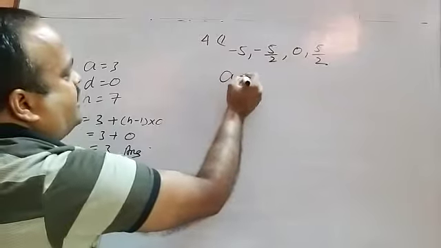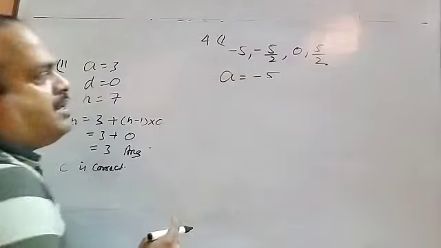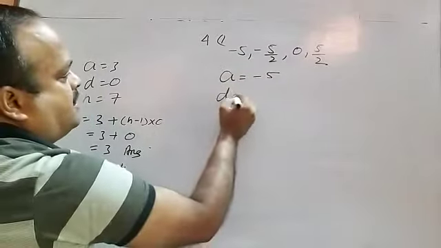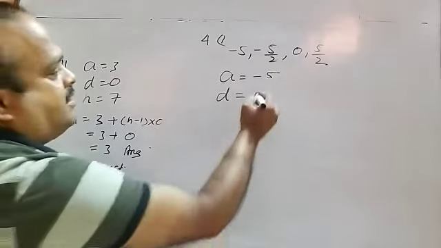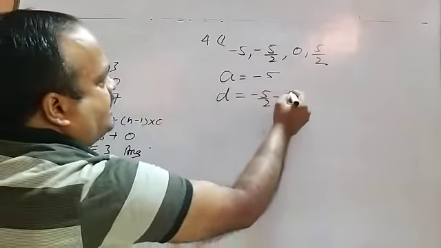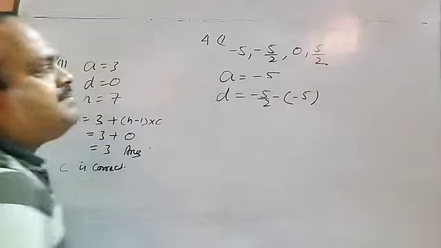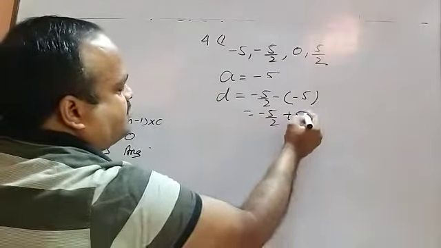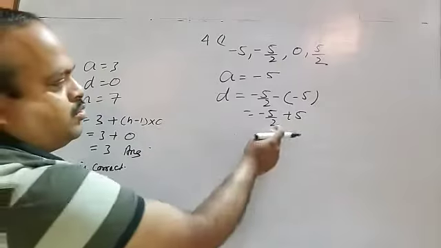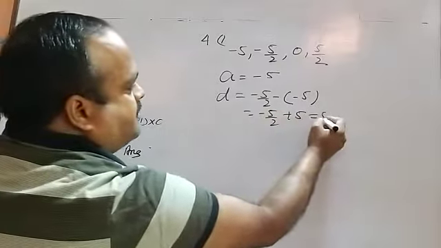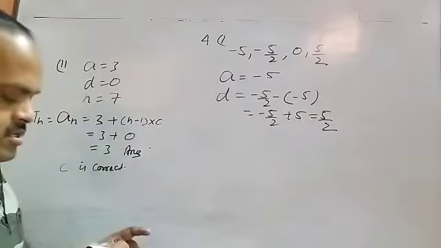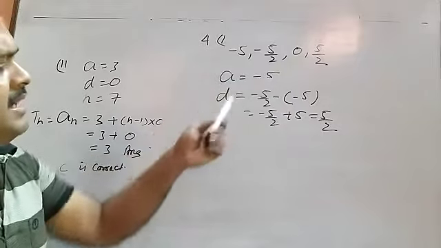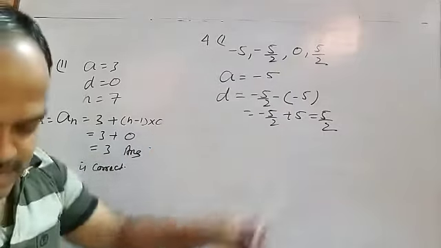So a is -5. The first term is -5. The common difference d is -5 by 2 minus (-5), -5 by 2 plus 5. 2 5s are 10 minus 5, 5 by 2. So we have the first term as minus 5 and common difference d as 5 by 2.